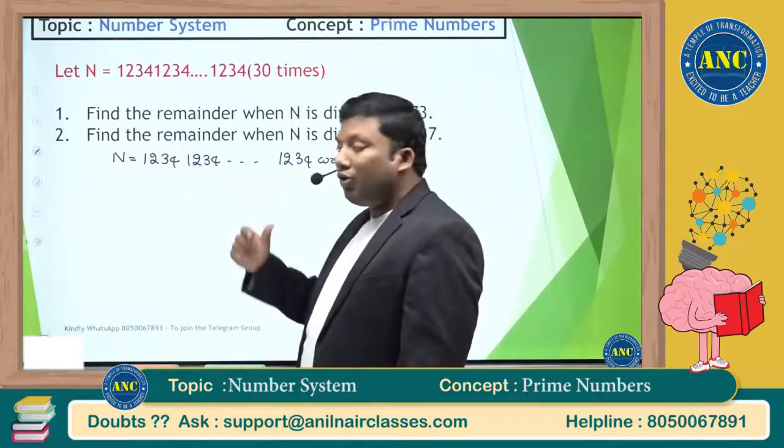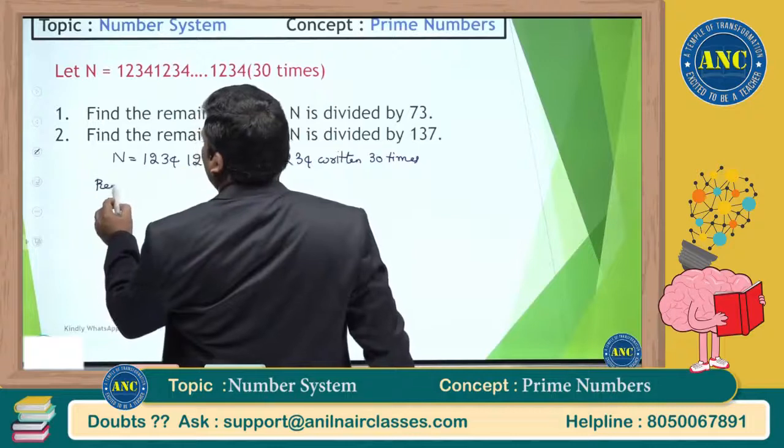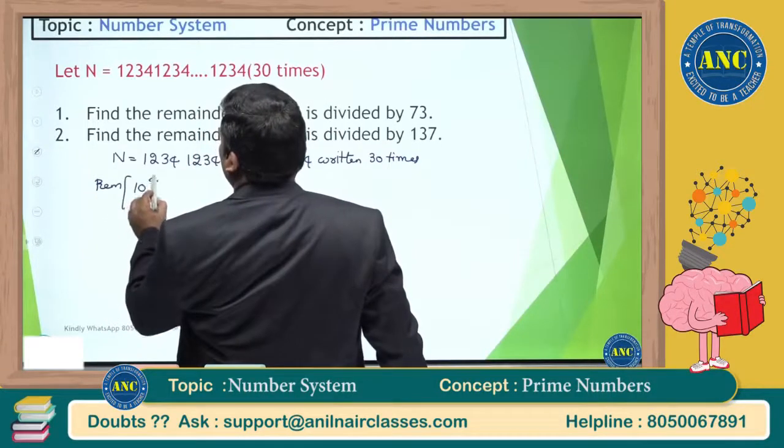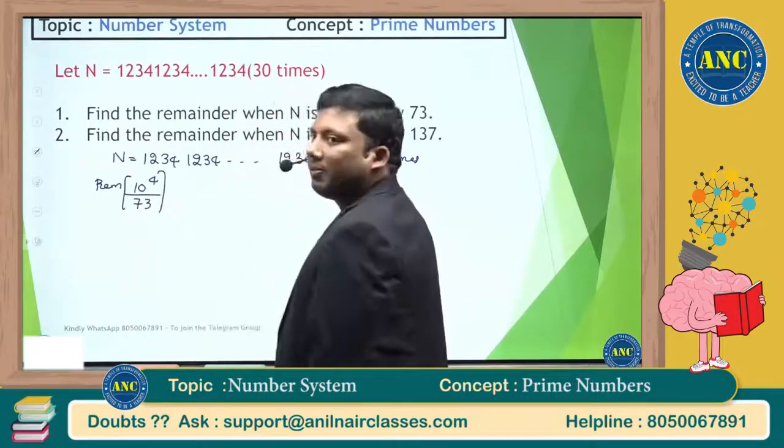Here 1234 is a 4-digit number. Let me check what will happen: 10 power 4 divided by 73.